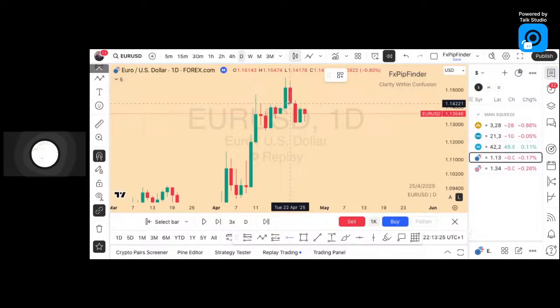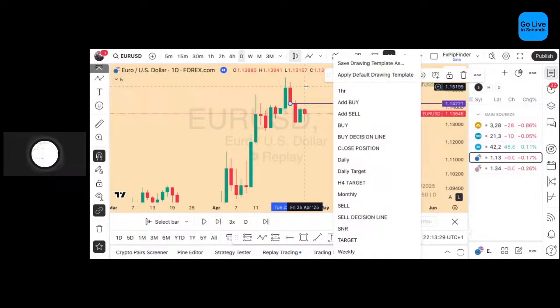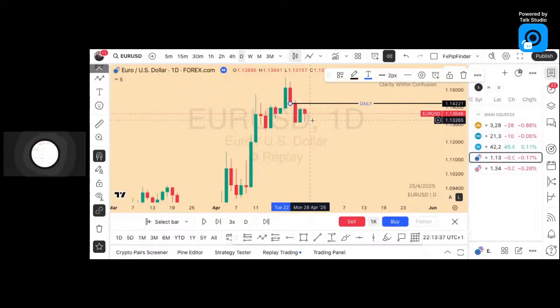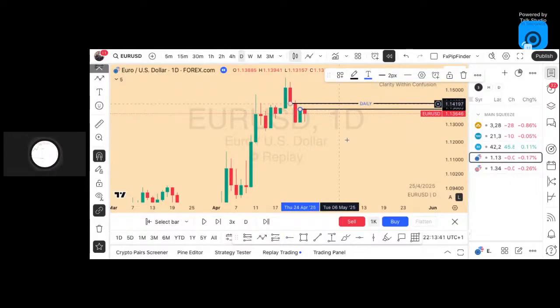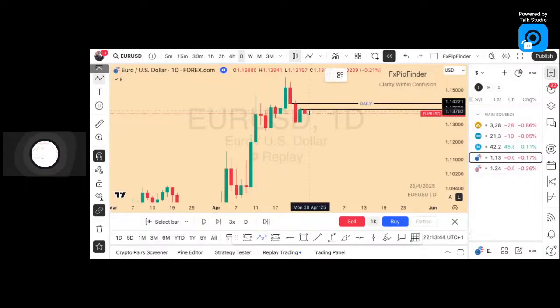I expect the market to come to around this area before it ultimately falls. And if it does not fall, we would also look at this area. So we've got two areas where we're expecting the market to go, either over here and fall, or come all the way to the next line and fall. Either one of these things is going to happen, so as a trader, you must be ready. Let's play this candle and see what happens.